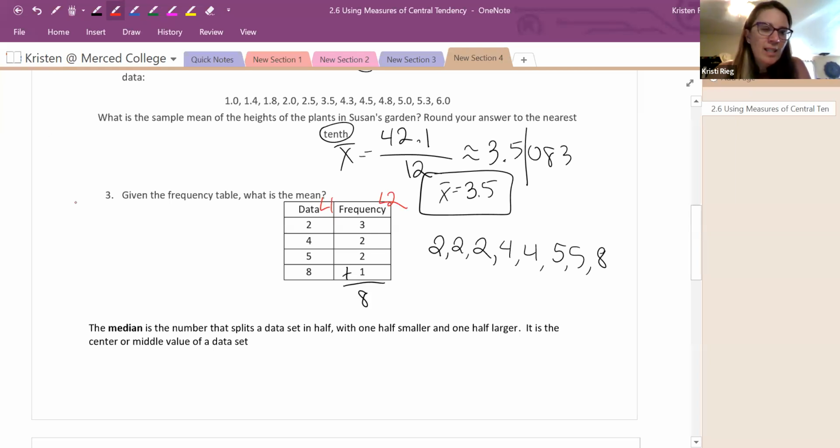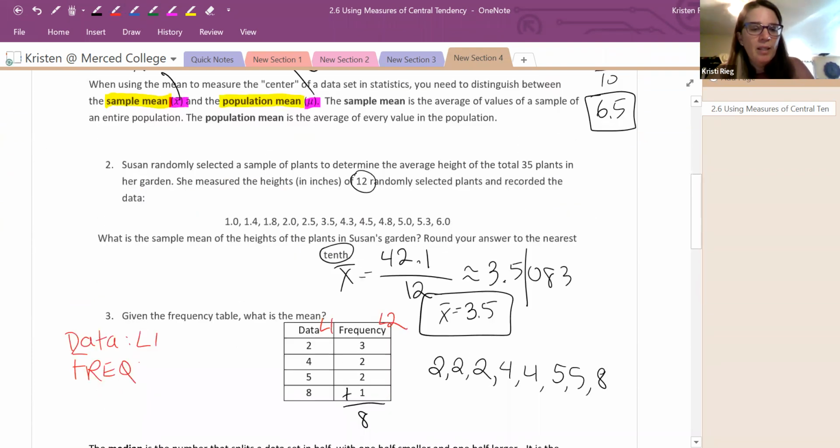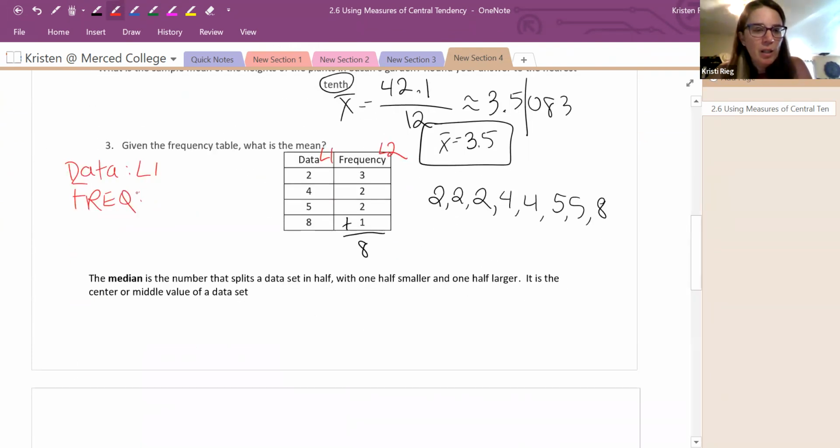And when we get to that step, we are going to say that our data on our calculator is in L1, and then frequency. Last time we used the number 1. This time we have a frequency, so we're going to tell our calculator that our frequency is in L2.